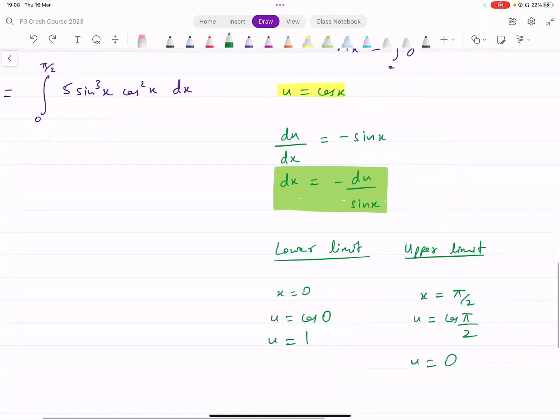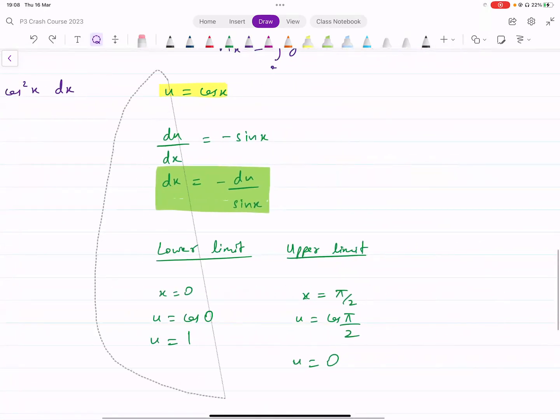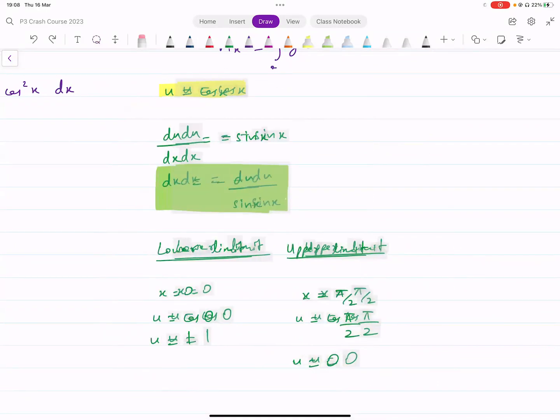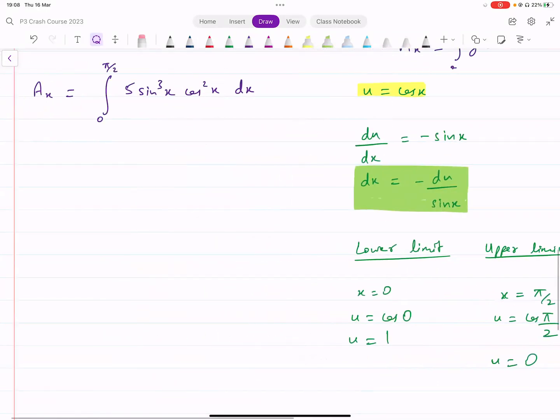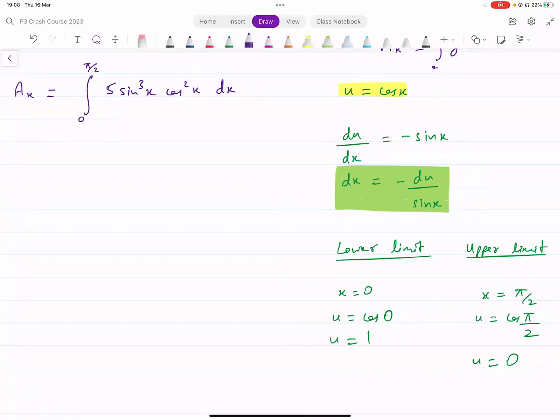Okay, so we have done all that we need to do with the substitution. Now let's just input these things in that integral and see what happens. So instead of cos, you input u. What we can do is we can actually write this 5 outside the integral, because it's a constant being multiplied with the whole integral. It doesn't matter if you write that inside or outside.